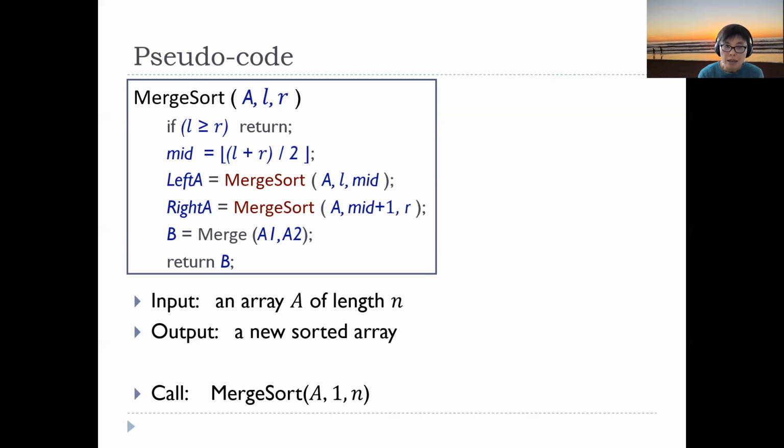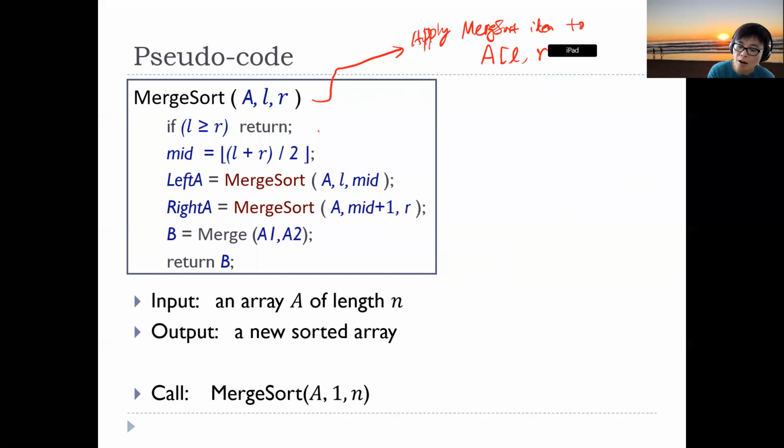This algorithm is going to apply this merge sort idea to the portion of the array from L to R, a subportion of the array. For example, we're going to see it in a minute. Every time you only sort a subportion of this array.